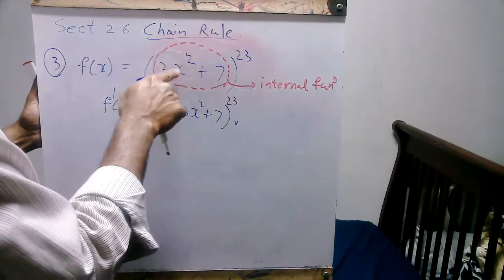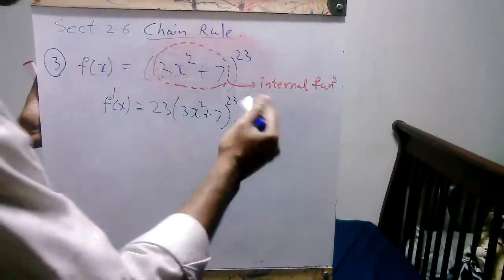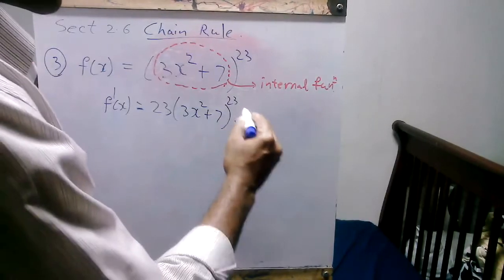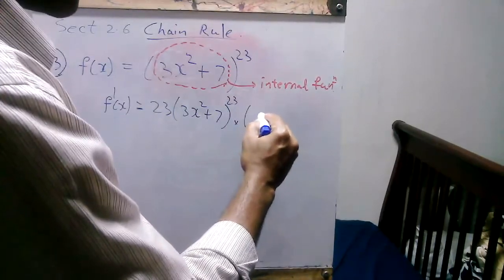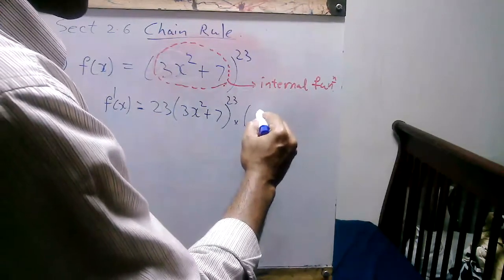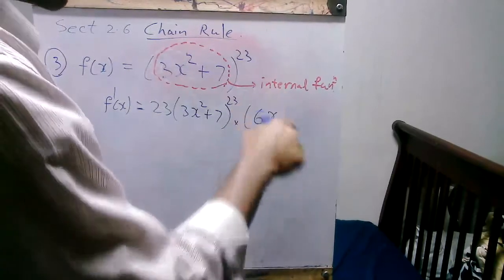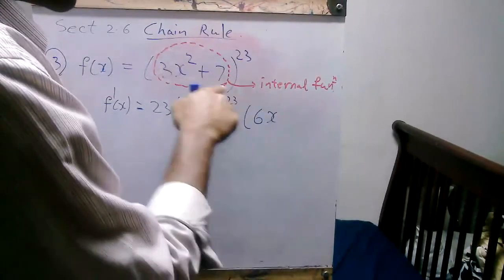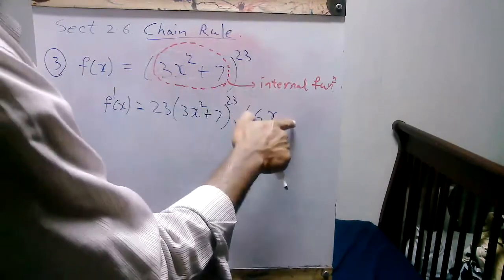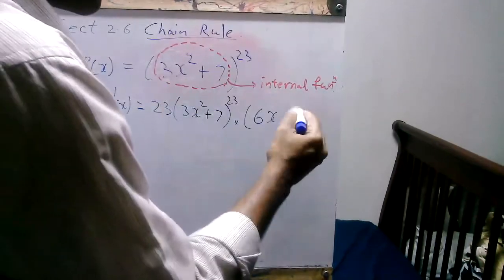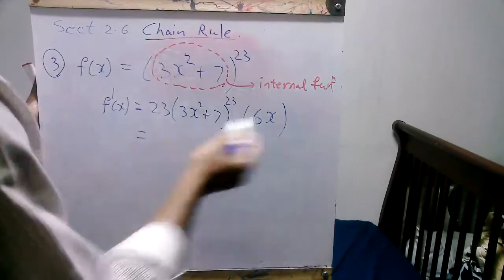The exponent comes to the front, exponent minus 1, right? Power rule. 3 times 2, 6. I have to write this as 6x to the power 2 minus 1, which is 1, plus the derivative of 7, which is 0, a constant. So this is it. Then simplify this a little bit.